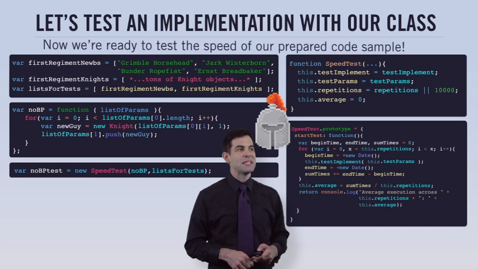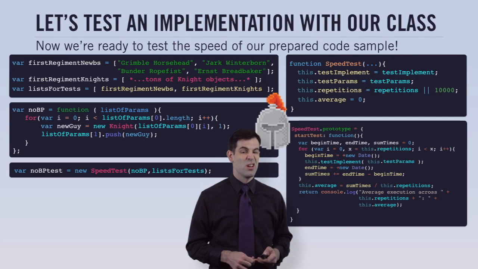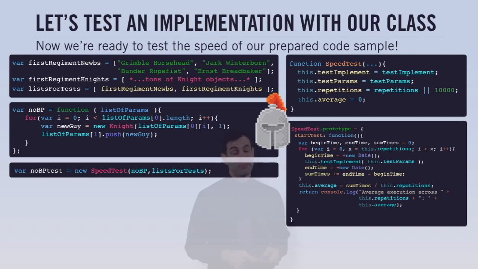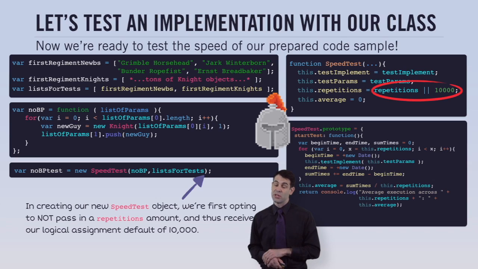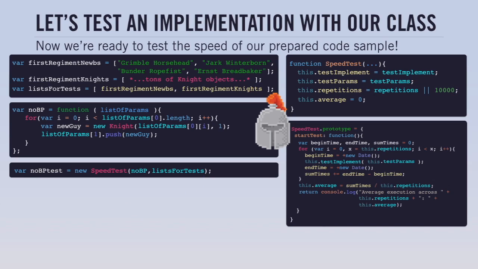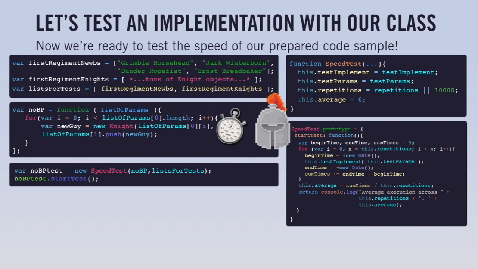Let's see what happens when we test the speed of our prepared, albeit terrible, code sample. Oh, and one thing to note here, in creating our speed test object, we opt to not pass in any repetitions amount. So therefore, in our logical assignment in the construction, we're going to actually get 10,000 from our logical assignment operator. Cool, so we'll have to start the test by calling the start test method on our new speed test object.